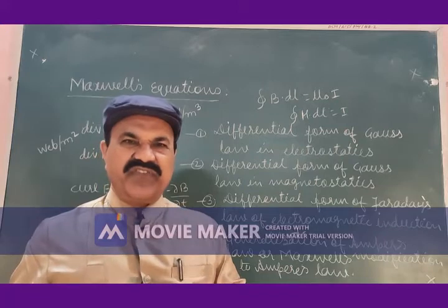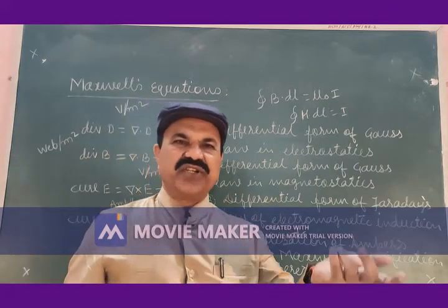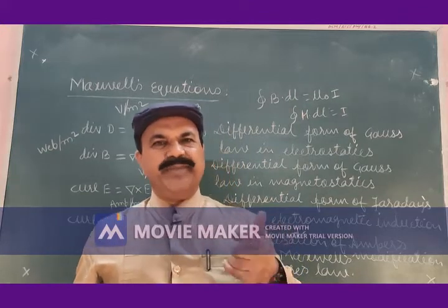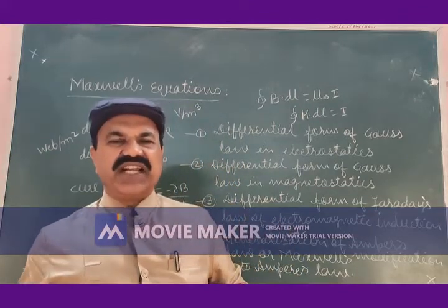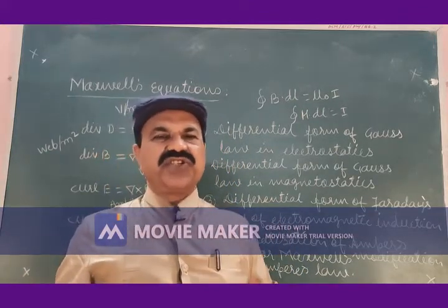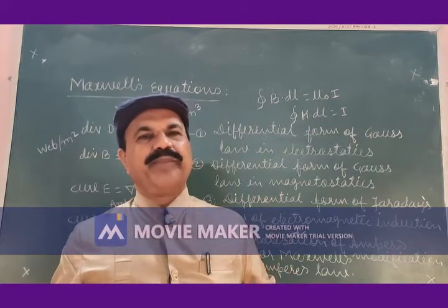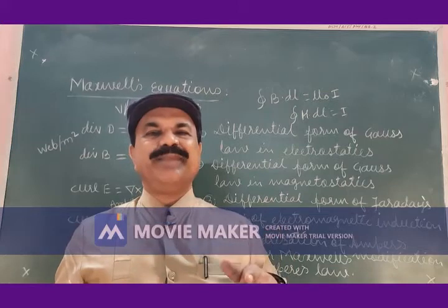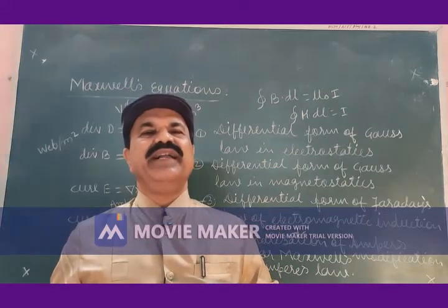We call this modification the generalization of Ampere's circuital law, or generalization of Ampere's law, and this modification is in terms of the displacement current, dou D by dou t.